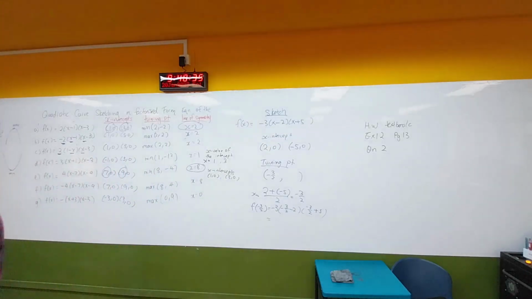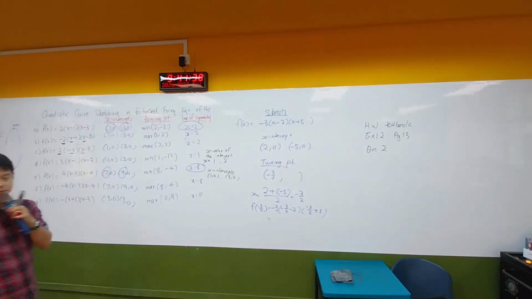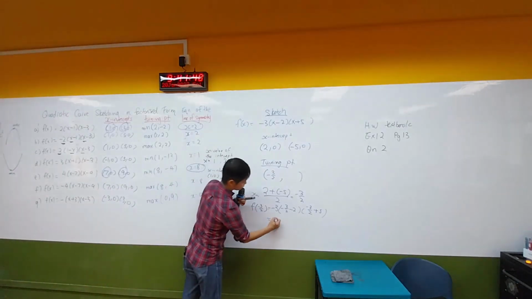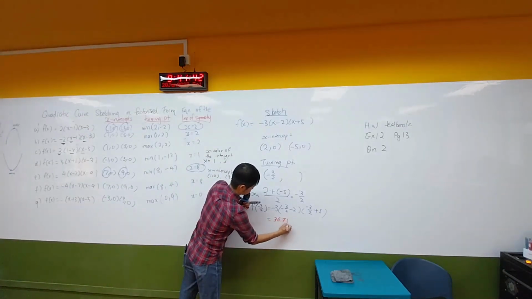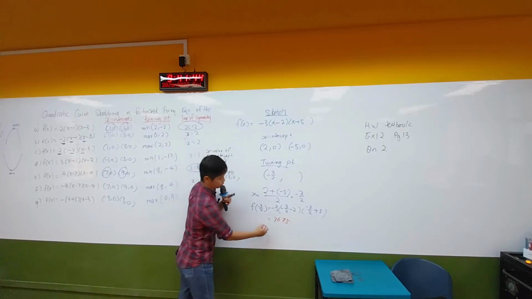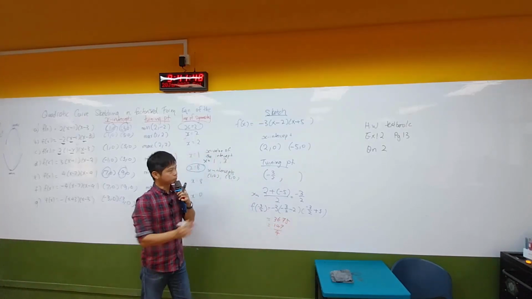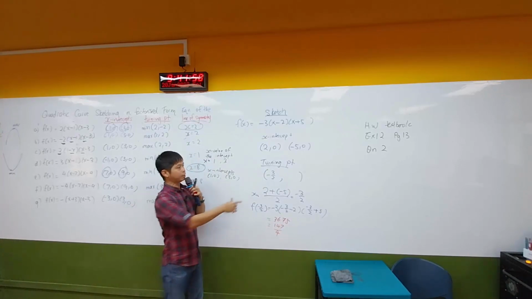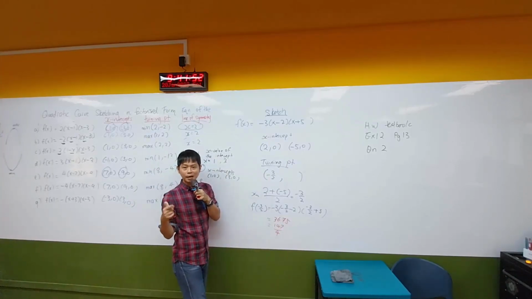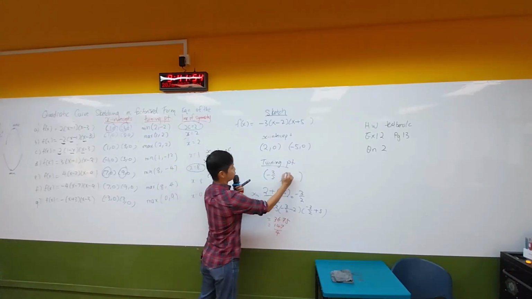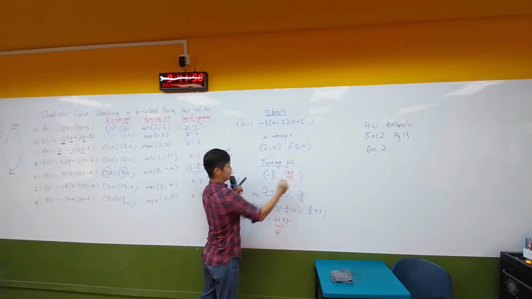I should be able to find my y value, which is my f(x). 36.75. What is the fraction? 147 over 4. Since I ask you for the fraction because I already wrote it as a fraction, I must follow as a fraction, 147 over 4.